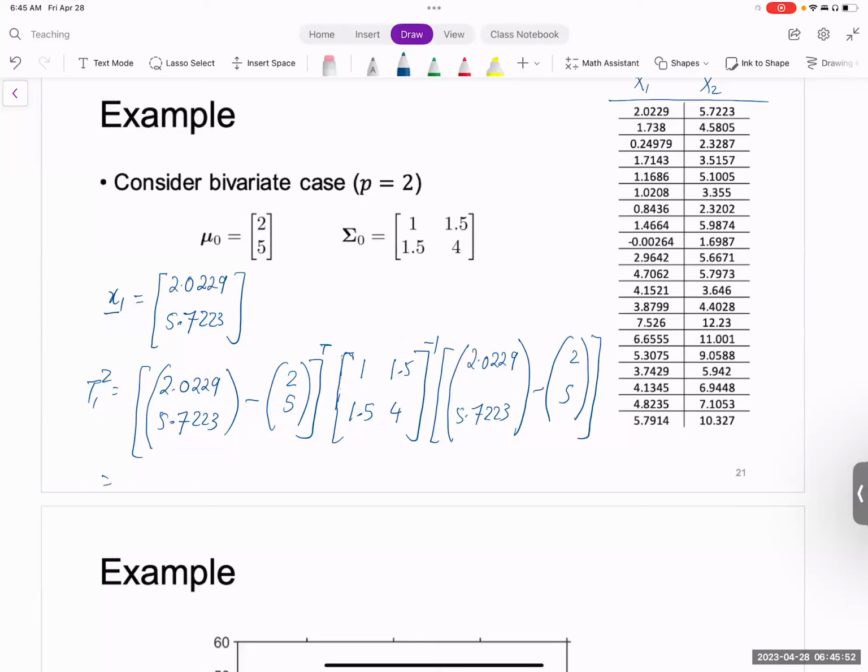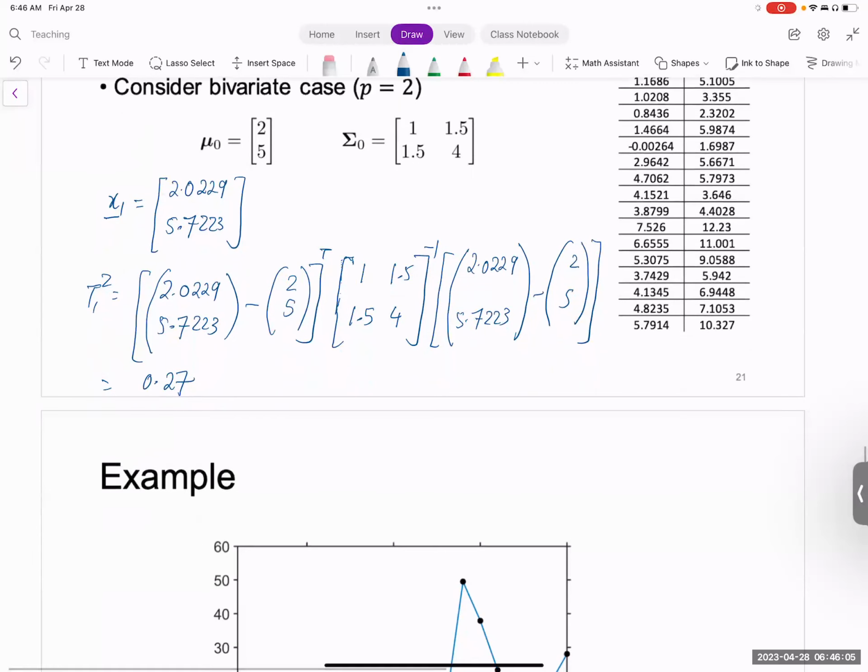And then if you compute this, you'll get 0.27. And similarly, you'll repeat this for T2, sample 2, sample 3, and so on and so forth. And once you've computed all the T square statistics, you'll compute your UCL, which is your chi square alpha comma p. Alpha is, let's say, 0.05.